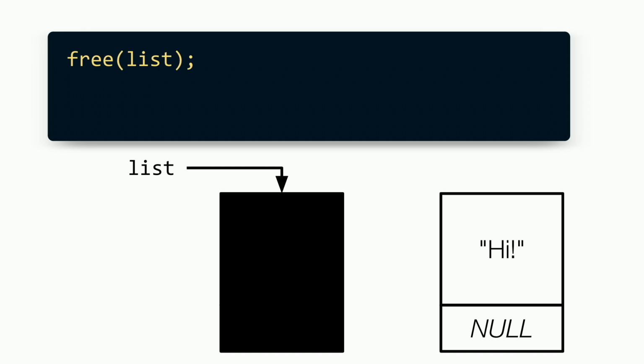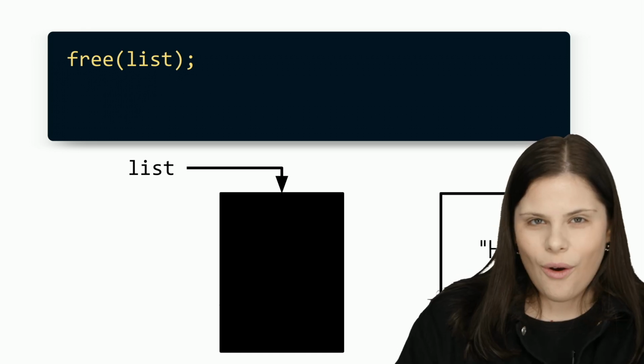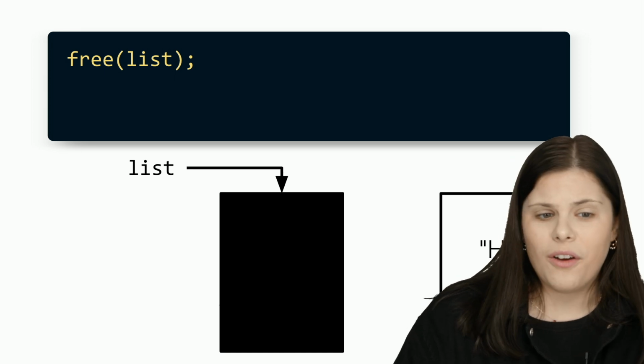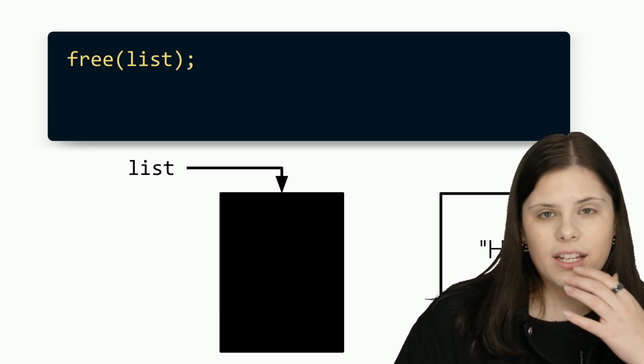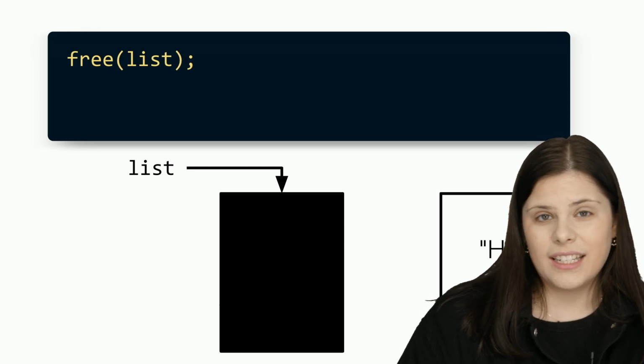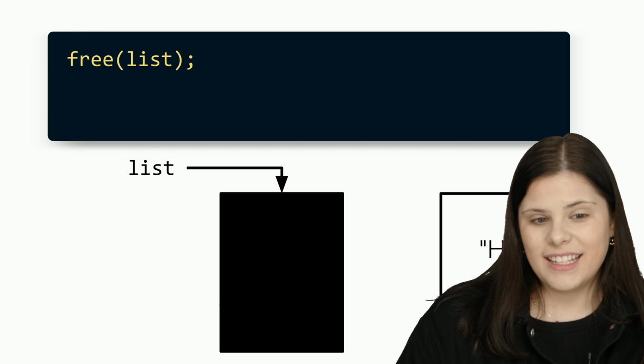But what is the issue here? Why can't I just call free list and move along with my life? What would happen here if I just said free list? Any ideas?